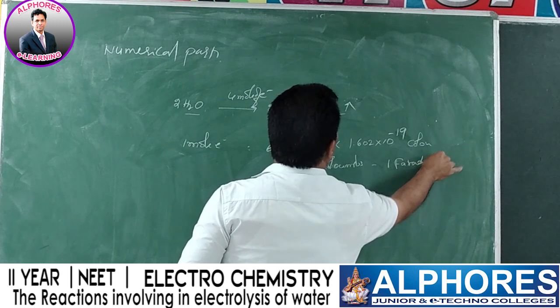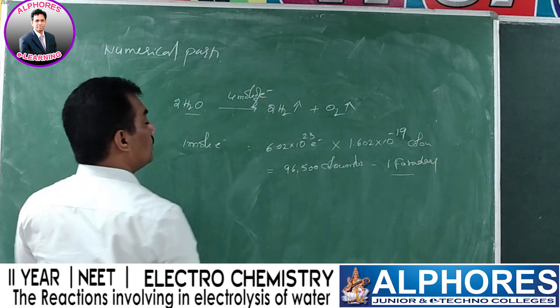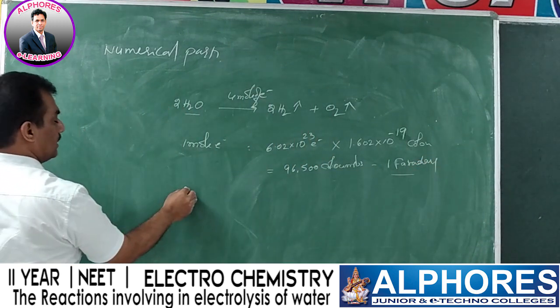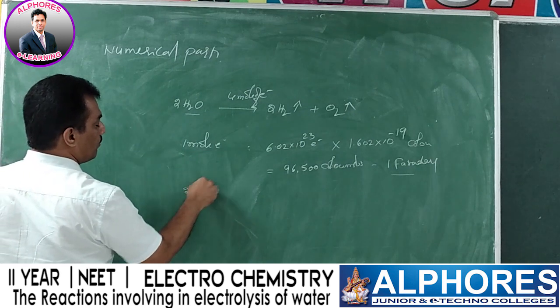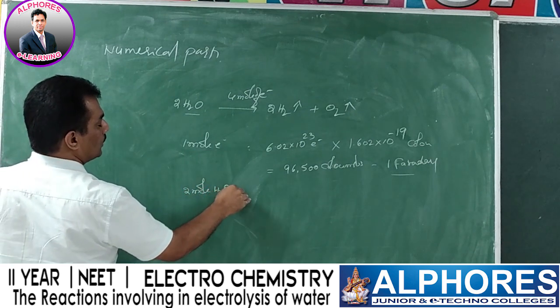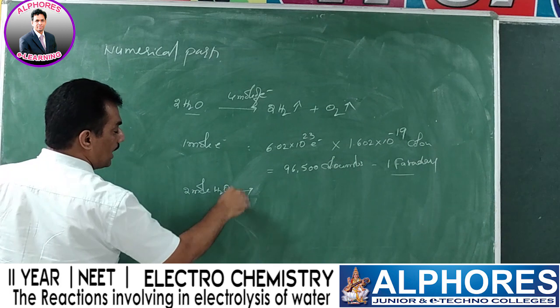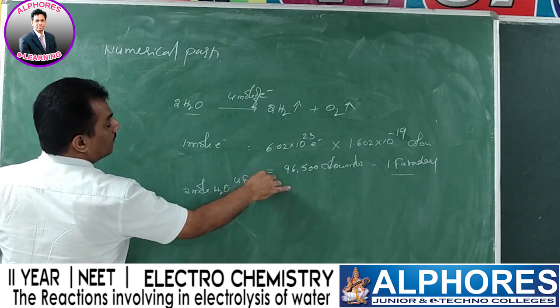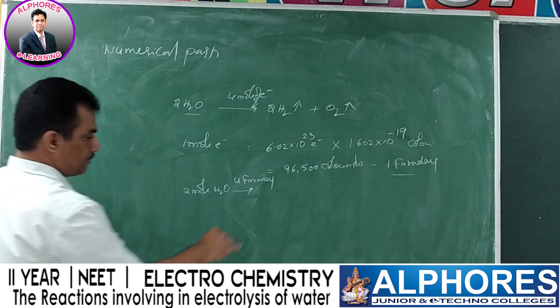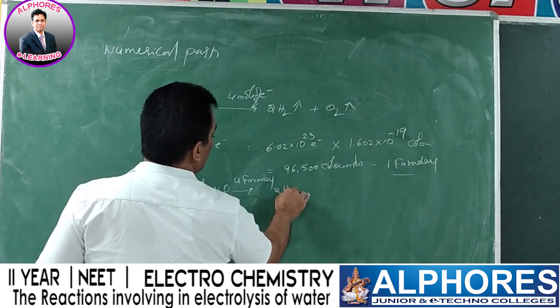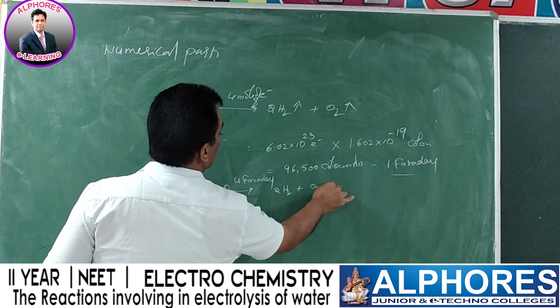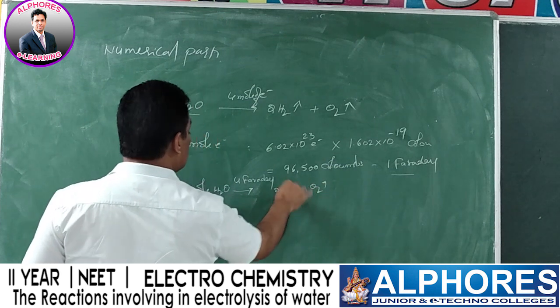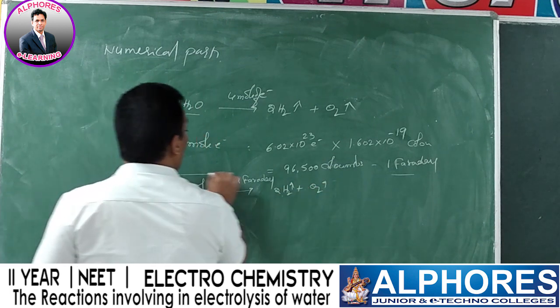So with this we can say that 2 moles of water require 4 Faradays of current to split into 2H2 and O2. And 4 Faradays means 4 into 96,500 coulombs. Is it not?